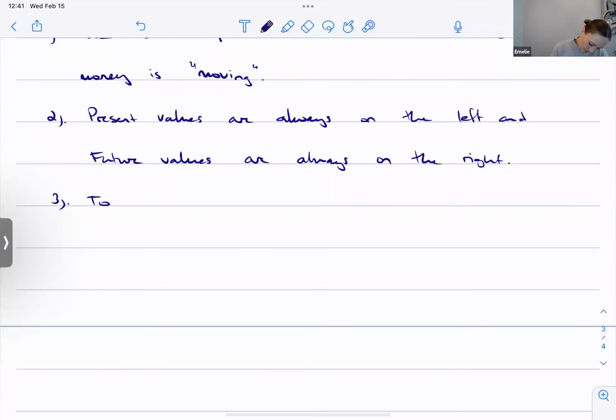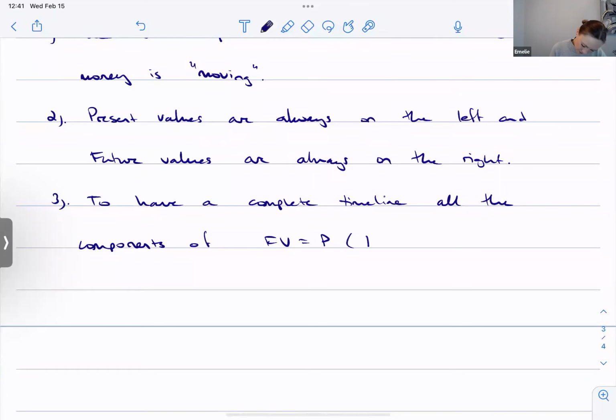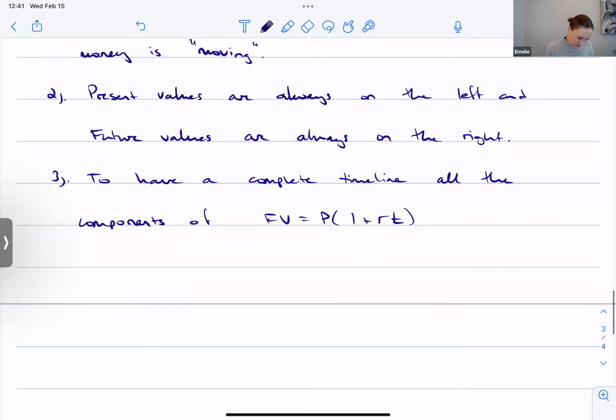So to have a complete timeline, all the components of the future value, which is P times 1 plus R times T, must be accounted for on the timeline.